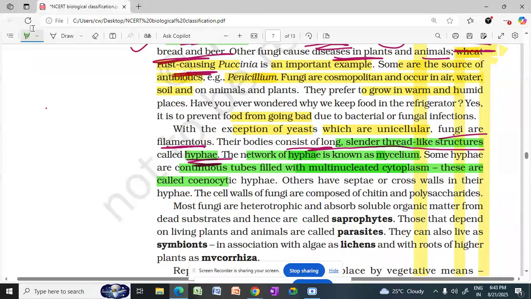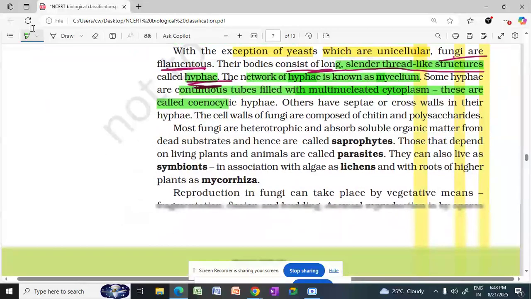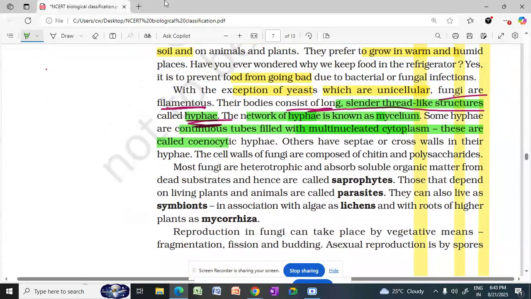Some hyphae are continuous tubes filled with multinucleated cytoplasm. These are called coenocytic hyphae. Clear? Some hyphae are continuous tubes filled with multinucleated cytoplasm. These are called coenocytic hyphae.